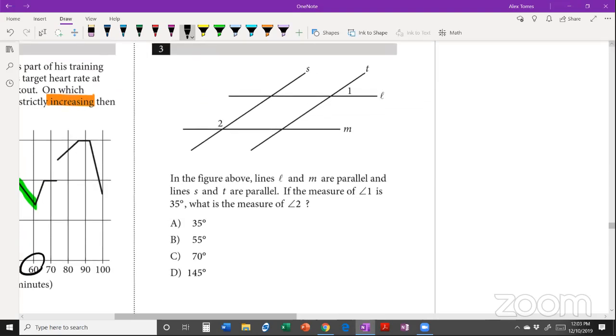In the figure above, L and M are parallel, S and T are parallel. Okay, so if the lines are parallel, there's 2 ways to see this. One way is to say that, well, first of all, these two are vertical angles, so by default, they're going to be congruent to each other.